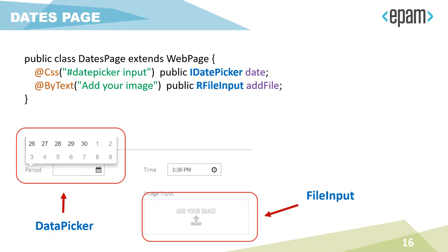And also this helps us to log the element actions, and we can write really good logs like I input some file in file input, or I send keys in some text field. That's not possible for Selenium because it has no info about the type of element and only has plain web elements.